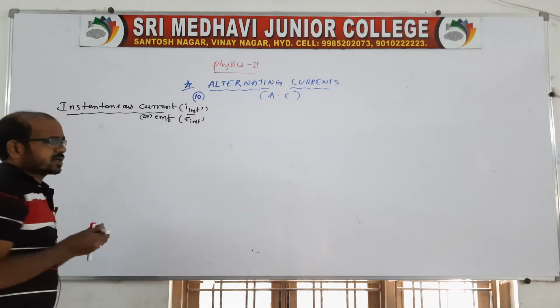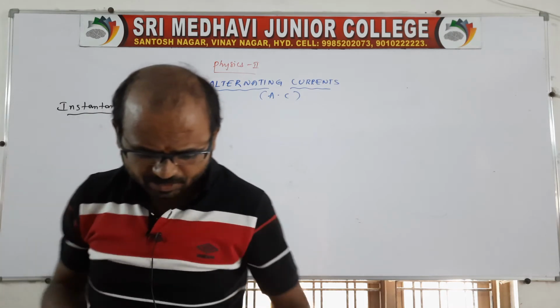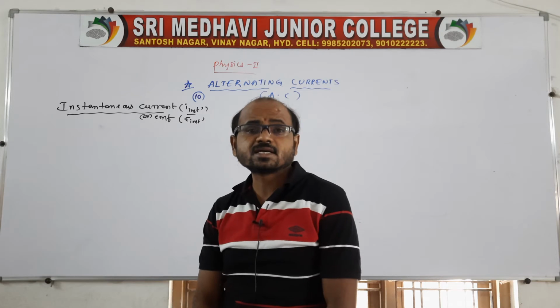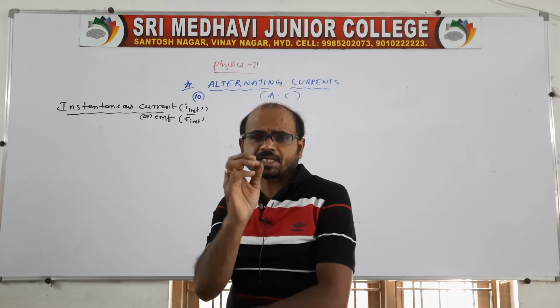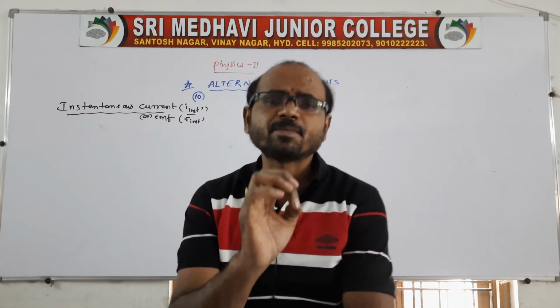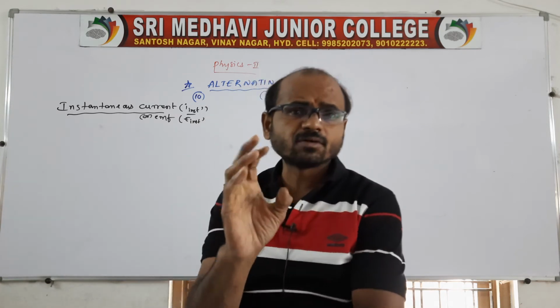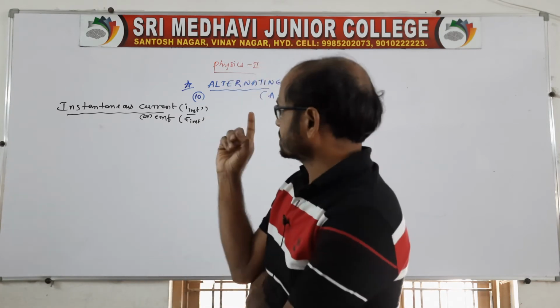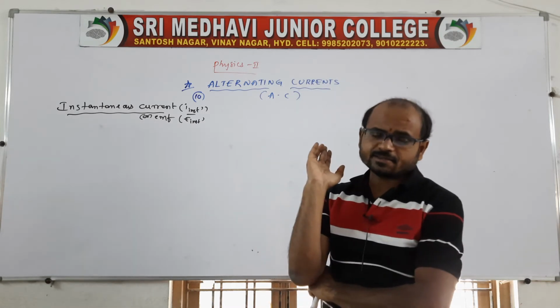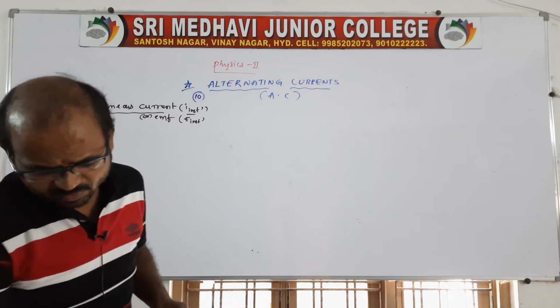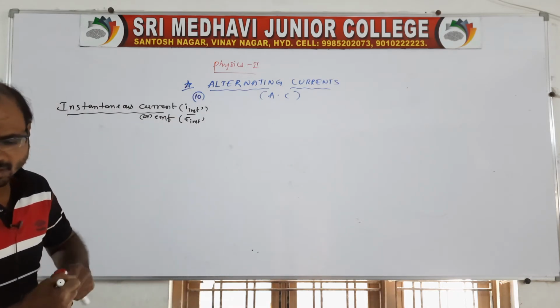At a particular time, the strength of the current is known as the instantaneous current, and at a particular time, the strength of the EMF is known as the instantaneous EMF. Now here we can write the instantaneous current as well as the instantaneous EMF.